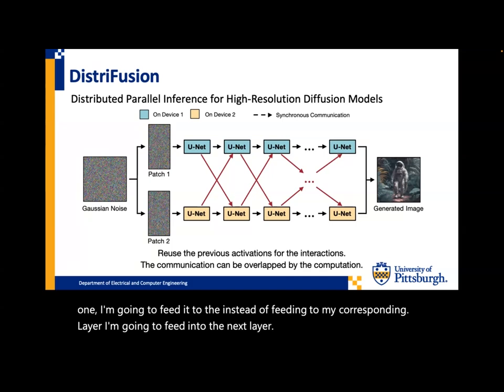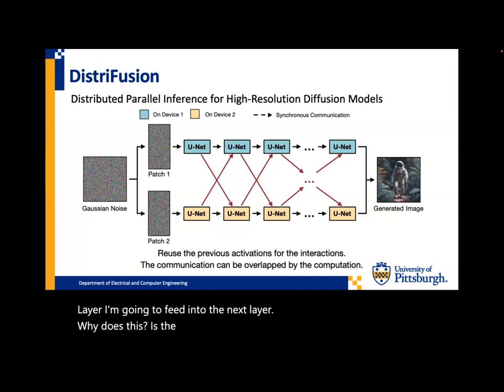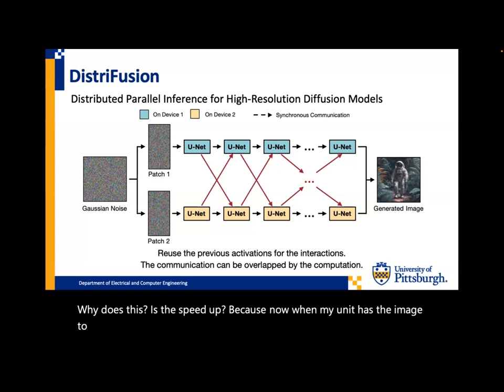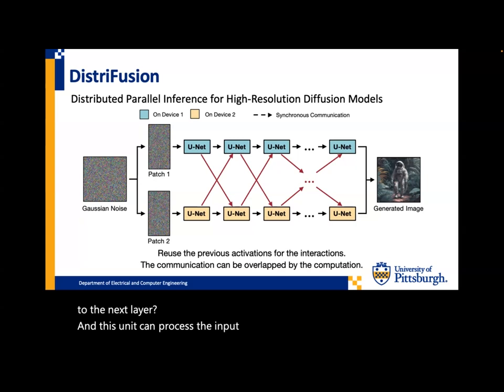Why is this a speedup? Because now when my UNet has the image for the next layer, this UNet can process the input from this layer while I'm waiting for the data from the earlier layer.